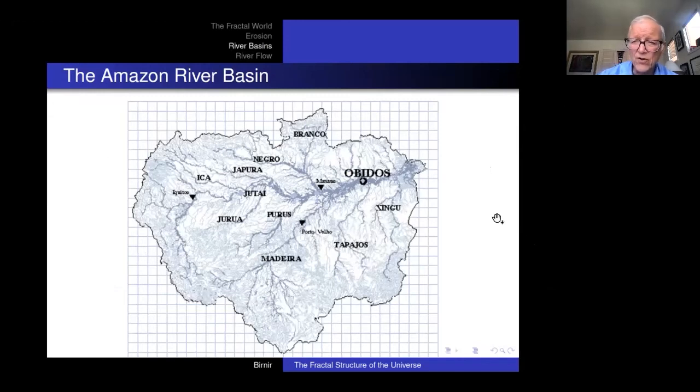So it's a universal scaling. It turns out that river basins and their sub-basins have the same scaling as the big basins. And this gives rise to a famous scaling law, which is called Hack's law for river basins.